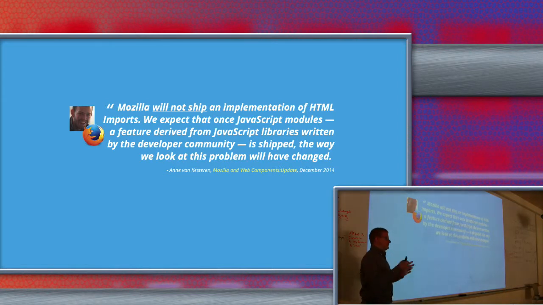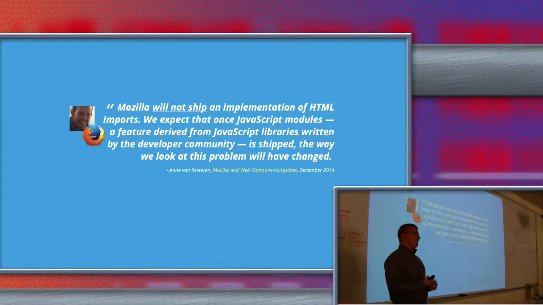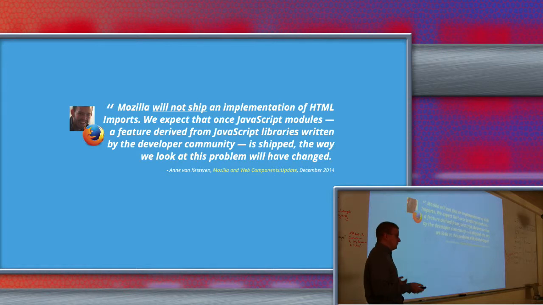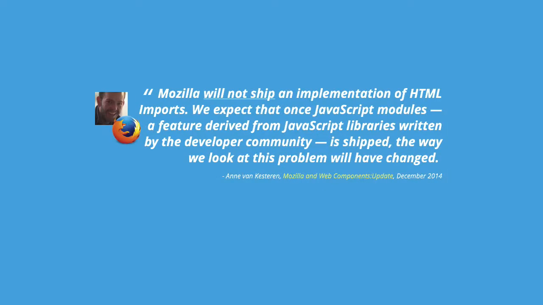So I alluded earlier to this idea of templates, and a lot of times with templates we just include them as JavaScript modules. The same can be said for everything else that we need to send over the wire with HTML imports. Mozilla's criticism is that HTML imports is a cool idea, but let's hold off until we've actually looked at how we're going to use this new ES6 module feature, which is going to be in browsers very soon, and which we've already agreed upon.